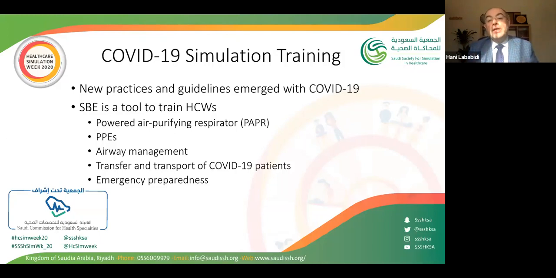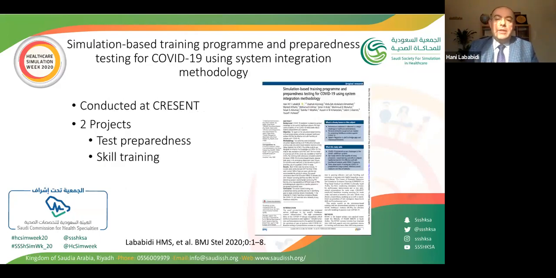So now we need to train our healthcare workers how to use the PAPR, the PPEs, the personal protective equipment, also the proper donning and doffing, and airway management. I'm going to talk about it. How we transport and transfer COVID-19 patients is different from regular patients. And how we can be prepared ourselves for COVID-19.